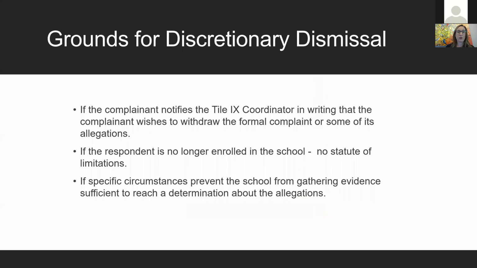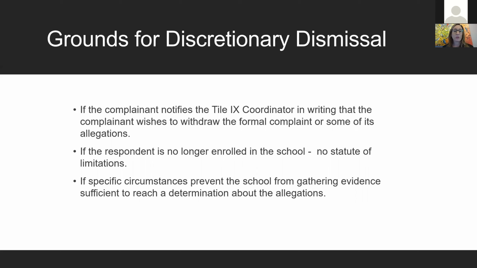So moving on to discretionary dismissal. This is when you can decide, should we dismiss this? And of course, all parties are able to appeal at any point in time if they disagree with your dismissal. So if the complainant notifies the Title IX coordinator in writing that the complainant wishes to withdraw the formal complaint or some of its allegations, there's a caveat there.